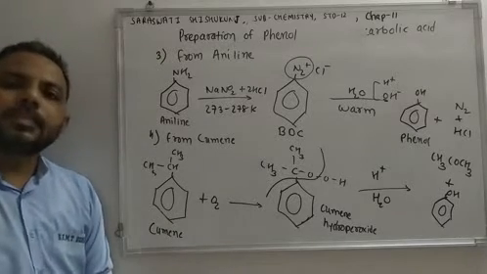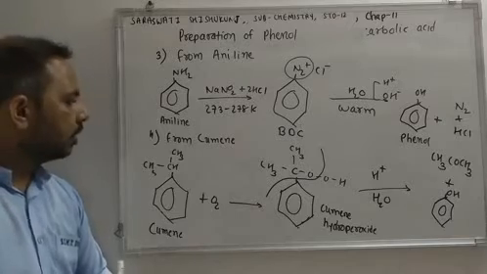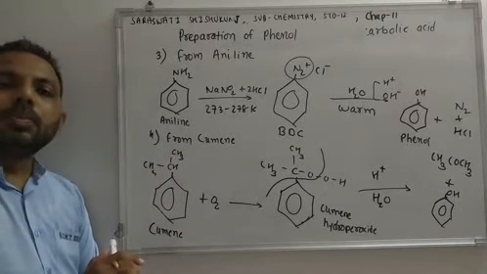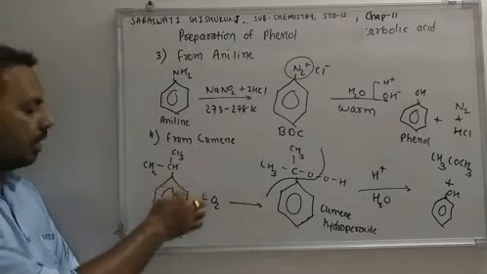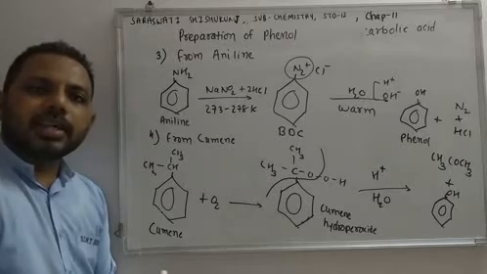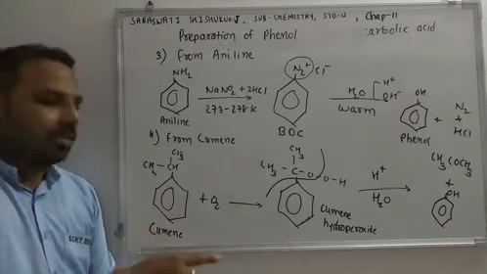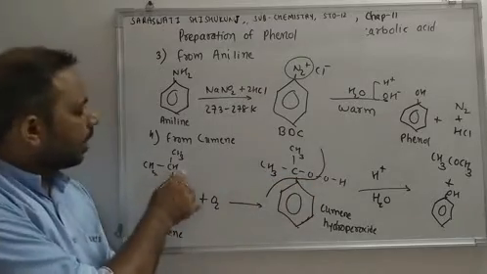Again, our last reaction for the preparation of phenol is from cumene. Cumene is isopropyl benzene. This is isopropyl and this is benzene. Its common name is cumene. It is oxidized, which means that it reacts with oxygen. So we have added oxygen here between carbon and hydrogen.